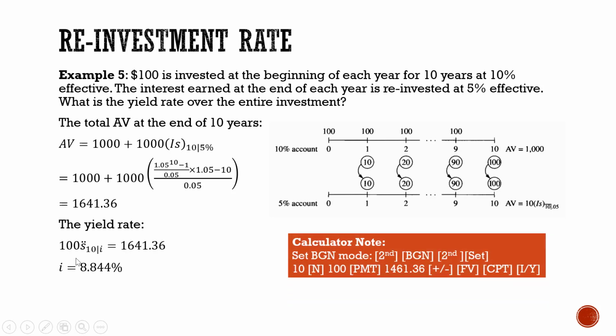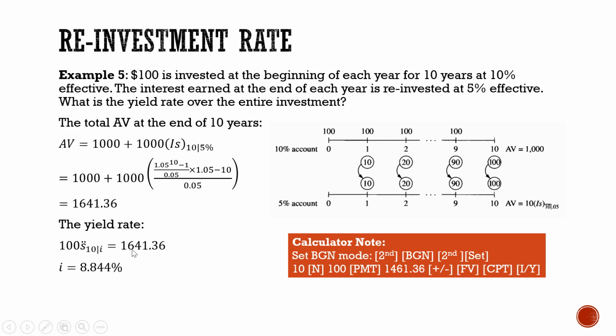So the calculator note. First we set BGN mode because we're dealing with an annuity due. So we press second BGN, second set, until on the right corner we have BGN mode. Then we enter 10 as the number of payments, 100 as the amount of each payment, and negative 1,641.36 as the future value.